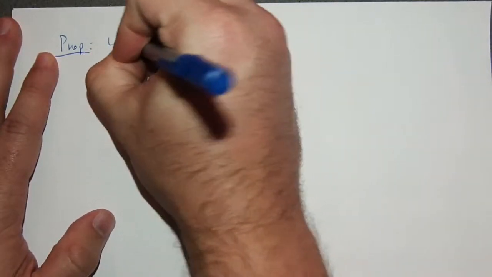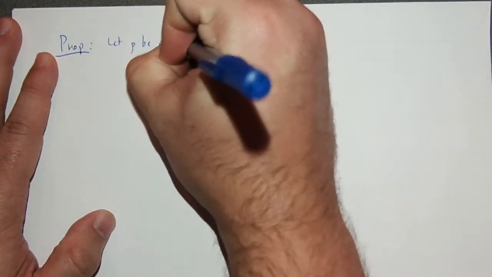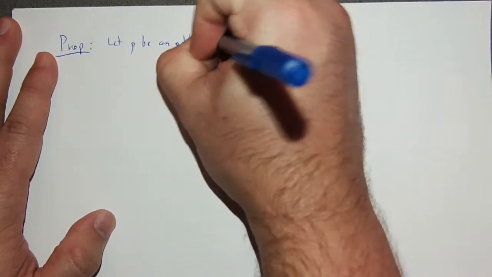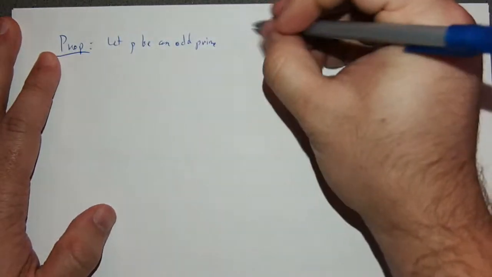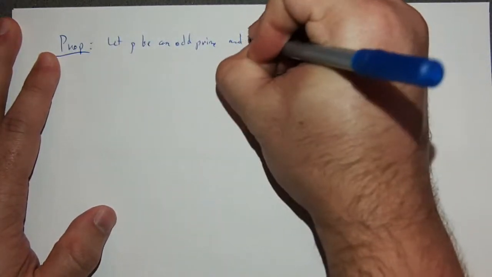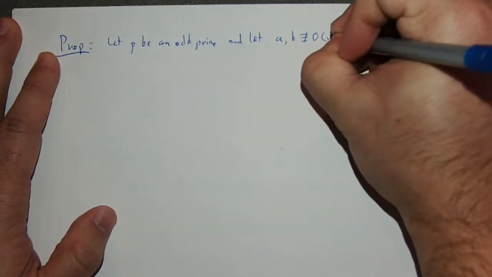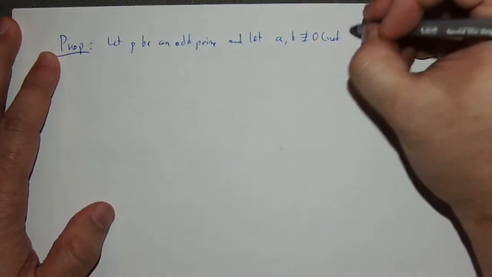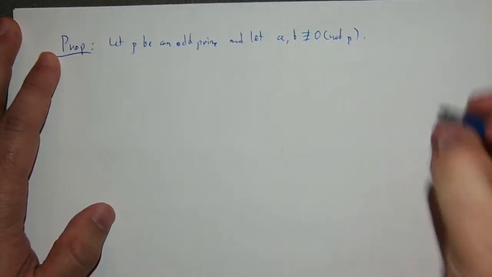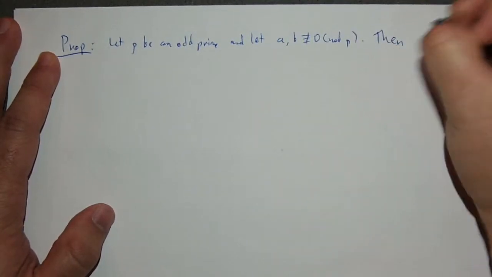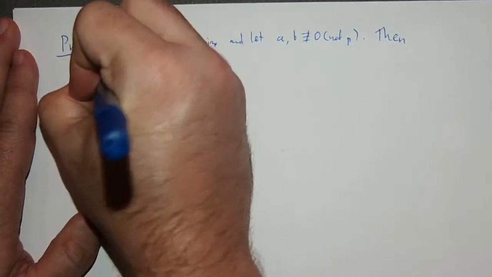So let p be an odd prime, and let a and b not be congruent to 0 mod p. Then I have a few parts.